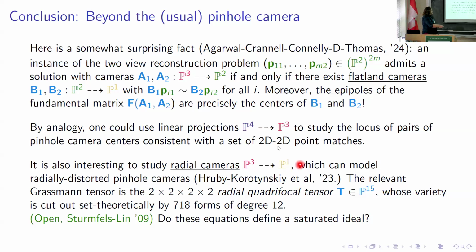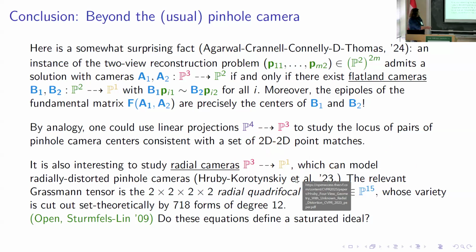And then finally, from the title slide, there are linear projections from P3 to P1. These have something to do with radial distortion. I won't be able to explain it, but if you find Victor Korotinsky, who's in the audience, he can tell you a little bit about some work we did, which involved solving the reconstruction problem for radial cameras.